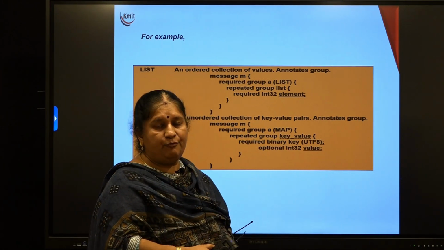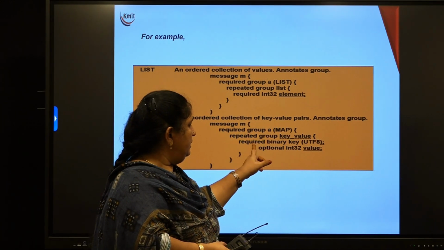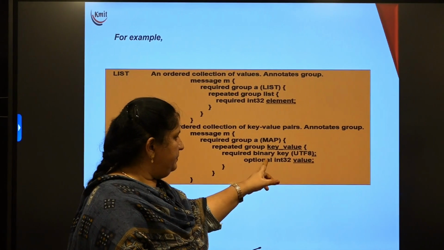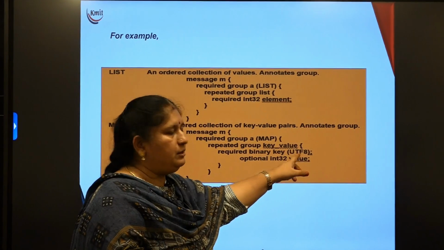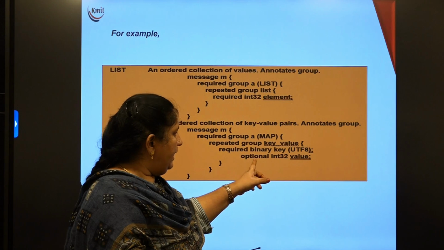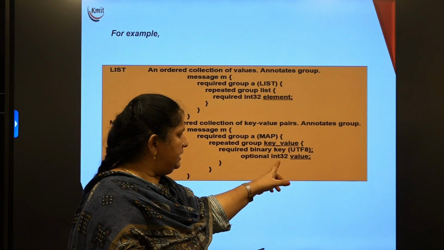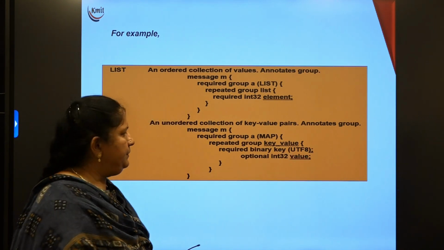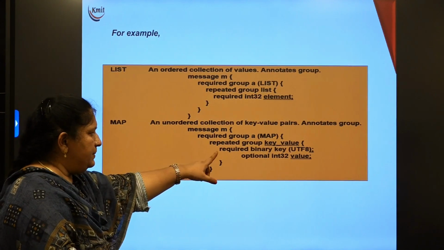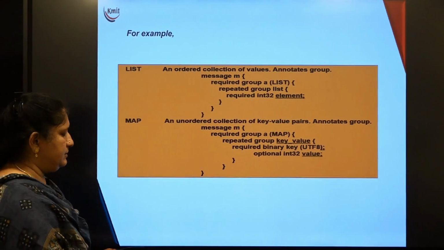What is the data type for keys? Keys is the string data type. How do I define it? It is a required one, key is required, binary data type, following which format? UTF-8. Similarly, what is the value? A value may not be given for a particular key, so it is optional, which takes an integer data type value. So whenever I want to talk about strings, the concentration here is on representing strings. You need to take this format for representing strings.